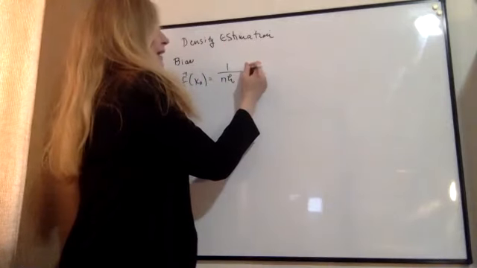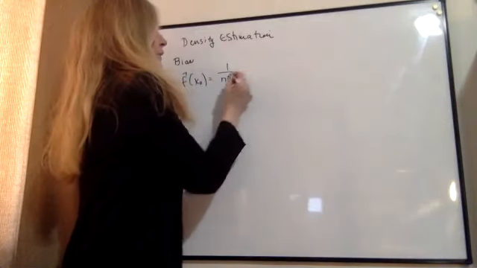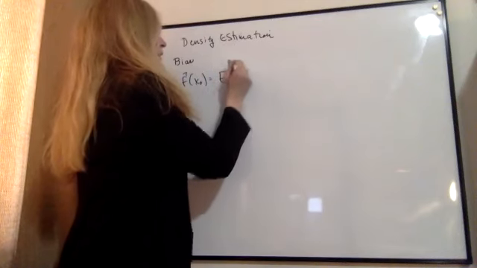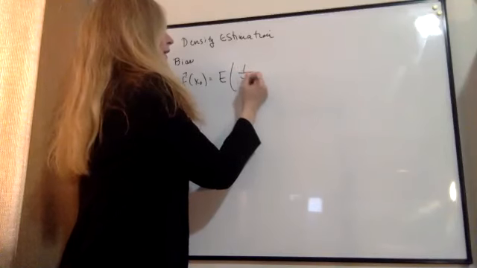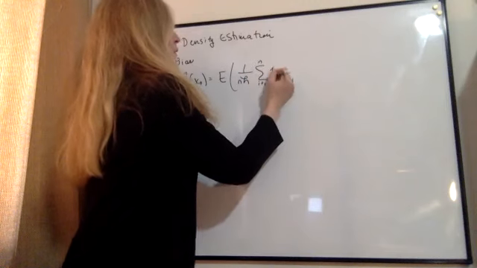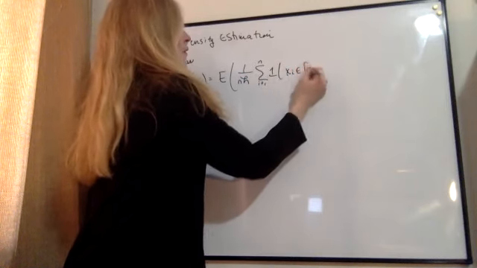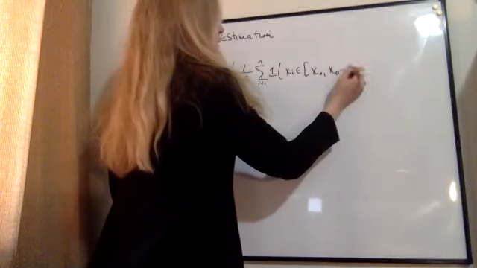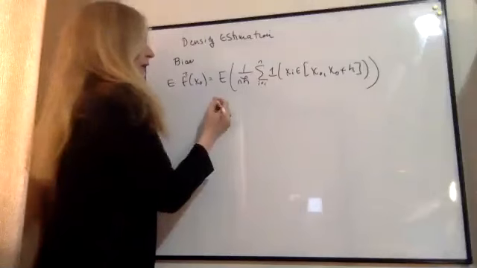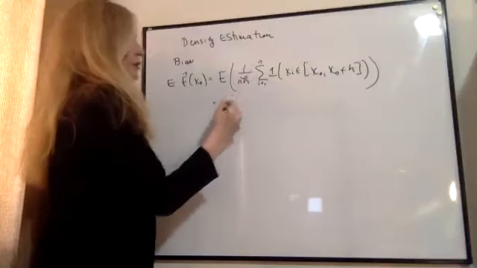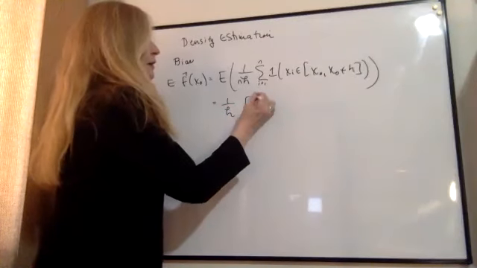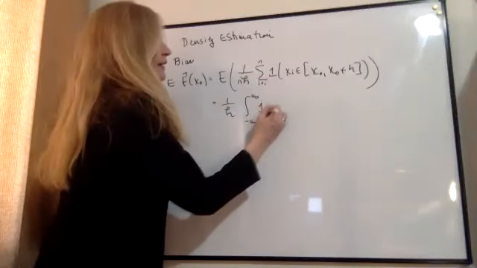So this is going to be E of 1 over nh times the sum. Okay, that's what we're doing. So the 1 over n is going to cancel with the n terms. So we're going to have 1 over h times the integral, writing out what this expectation is.